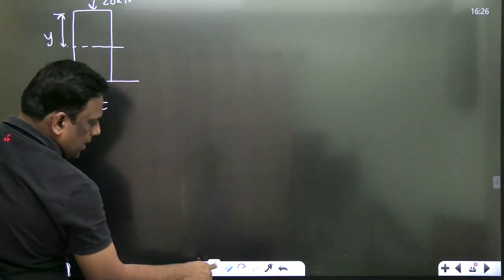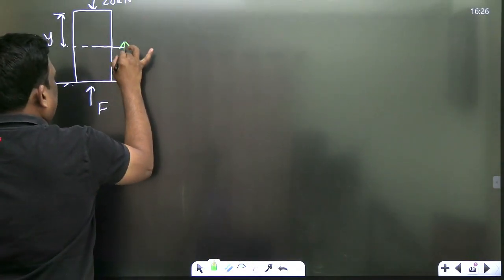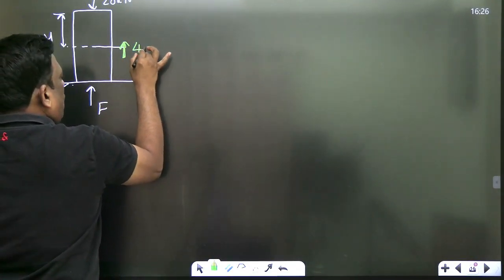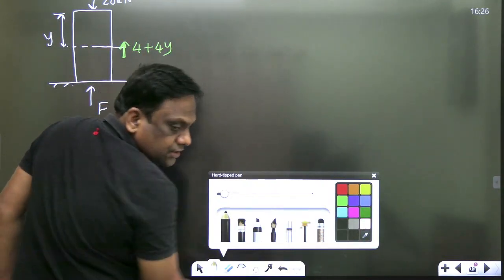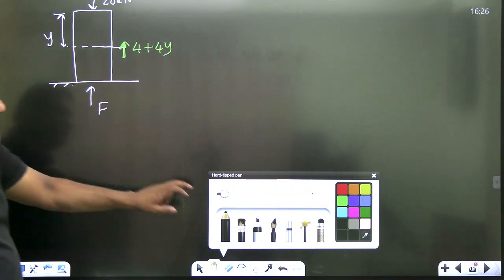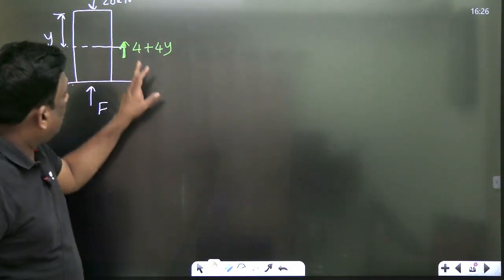Here the resistance, already you know, at any distance is 4 plus 4y. Is the resistance constant or changing? The resistance is changing with y.